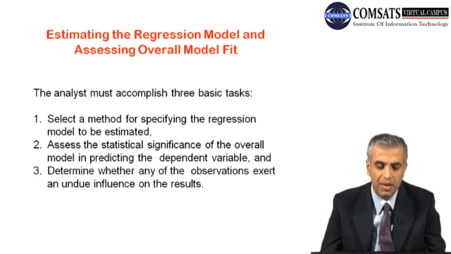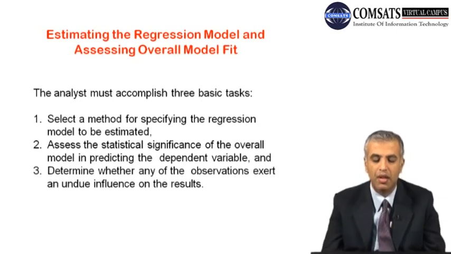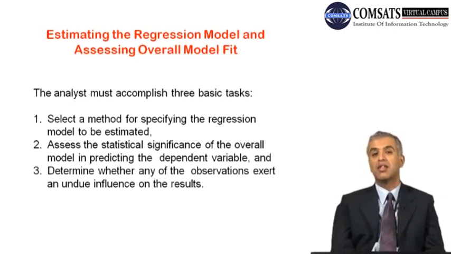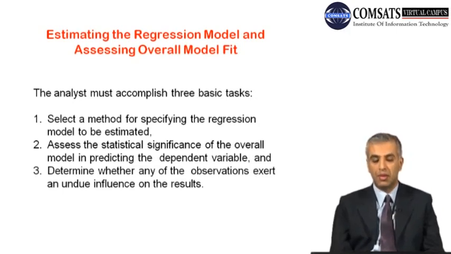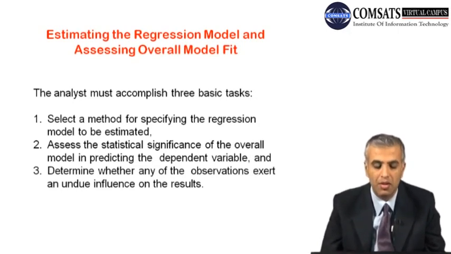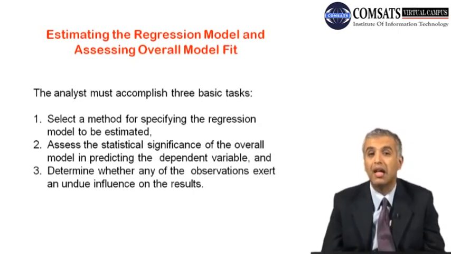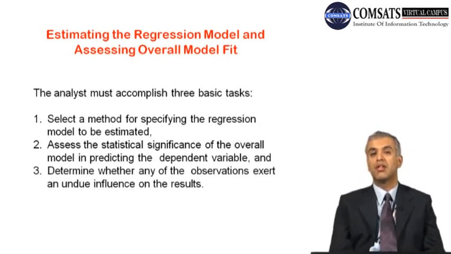Once we have gone through that, then we have to determine whether any of the observations may exert undue influence on the result. That means we are looking for outliers. So we have to examine the data which is to be put in the regression analysis stage, and that's important here, because though regression analysis is considered to be pretty robust, there are still influential observations which have an undue impact on the whole study.